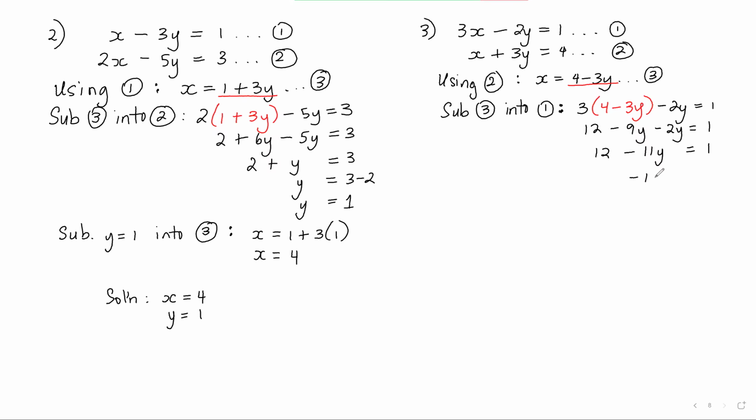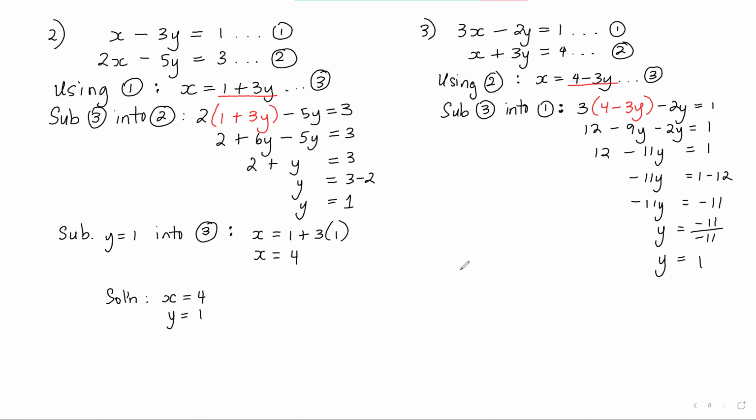Therefore, minus 11y is equal to 1 take away 12, which means minus 11y is equal to minus 11. And so y is equal to minus 11 divided by minus 11. A negative divided by another negative will be a positive. So 11 divided by 11 is 1. Y in this case as well is 1.